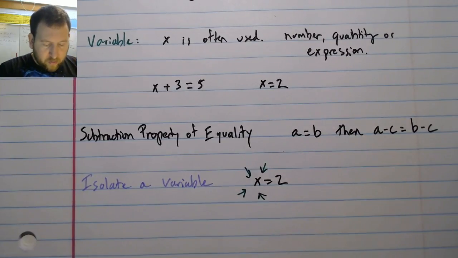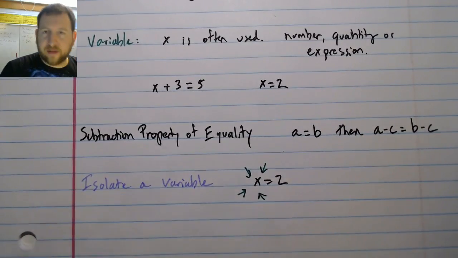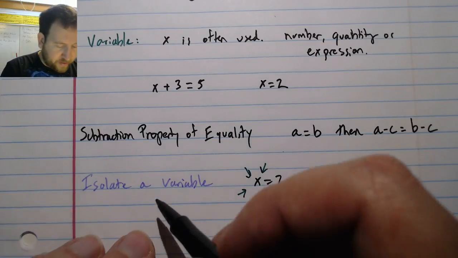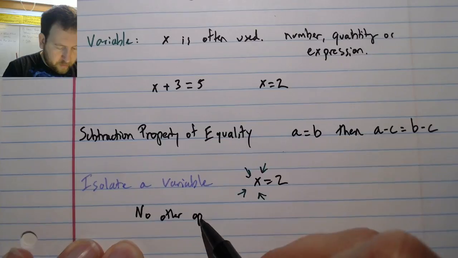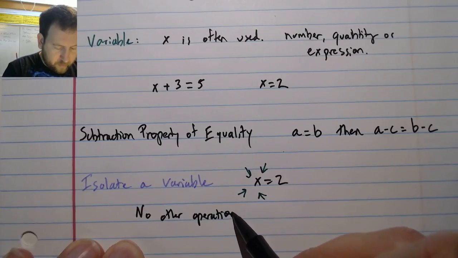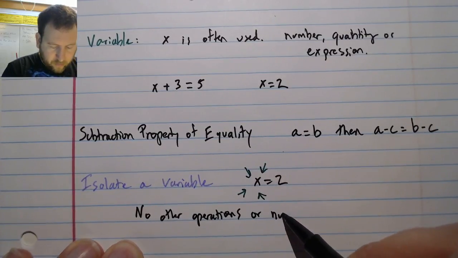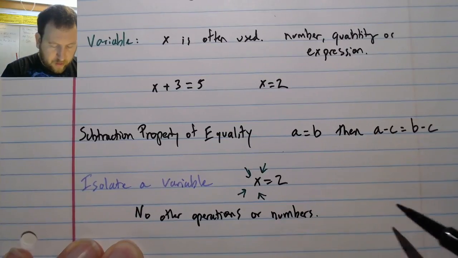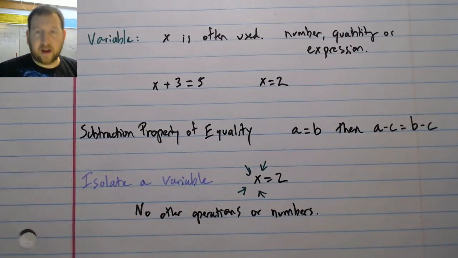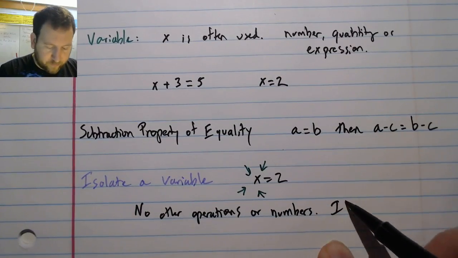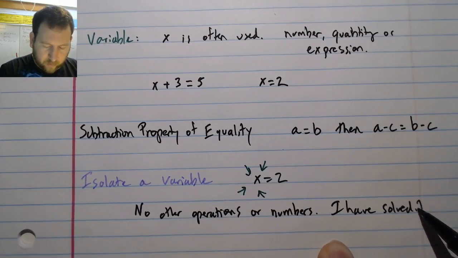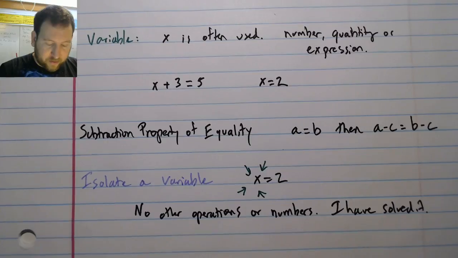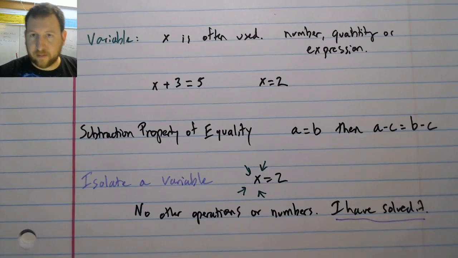There is only x and no other operations or numbers on that side. And that simply means that I know that I've solved it, and that is good, because that means I've done my problem.